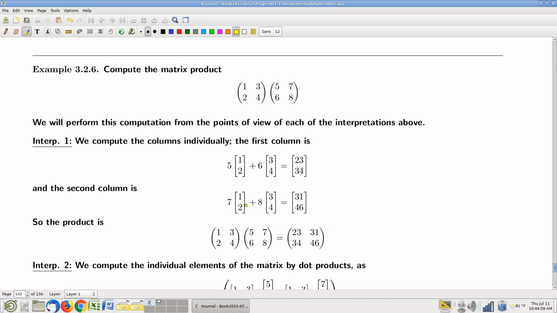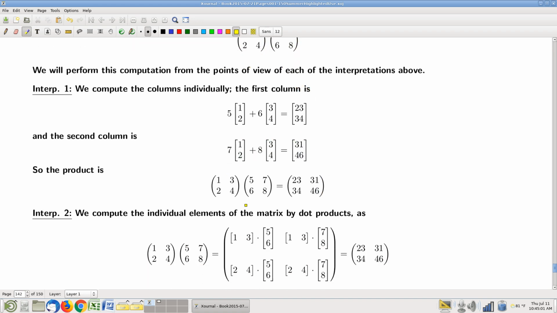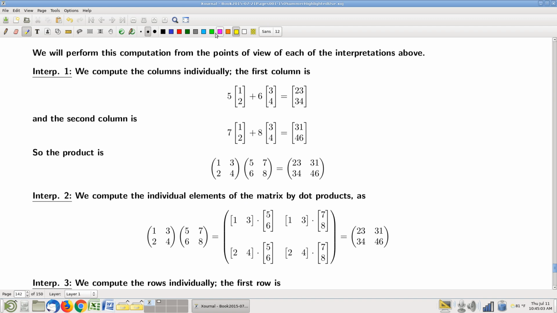Now let's do it with dot products. The dot product point of view is corresponding rows dot corresponding columns, right? So the first element is going to be corresponding row dot corresponding column, and that dot product gives us that.